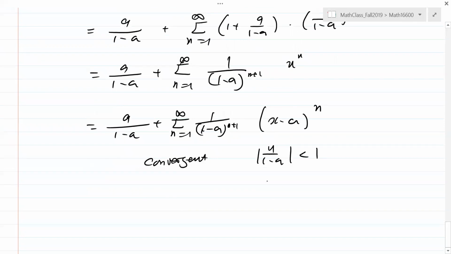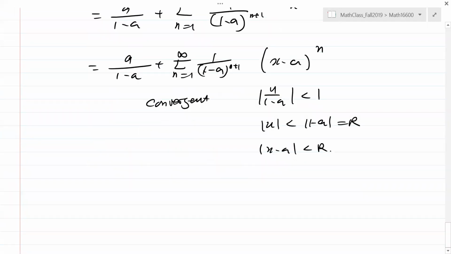If you rewrite it again, this is what is denoted by R, right? That is, the absolute value of x minus A is less than R. For the absolute value of x minus A less than R, you get the power series.